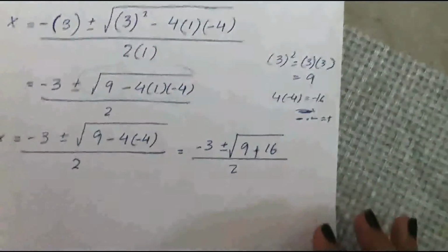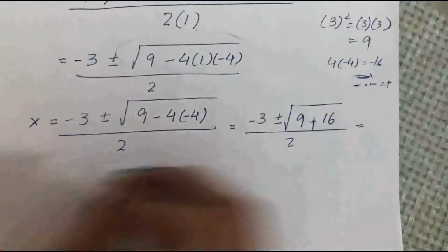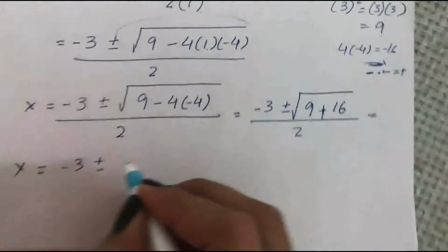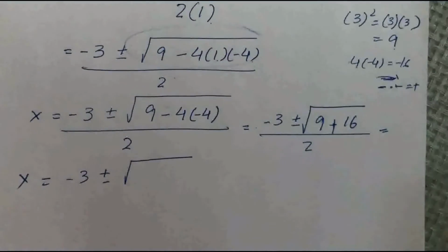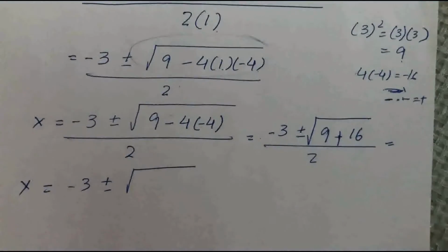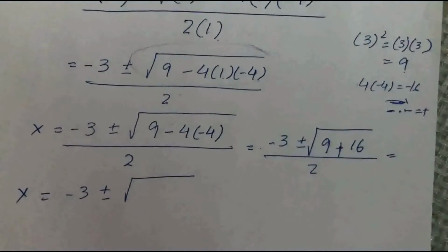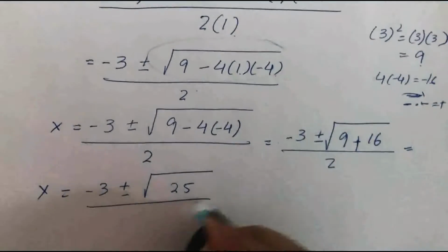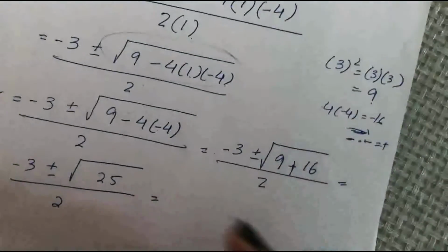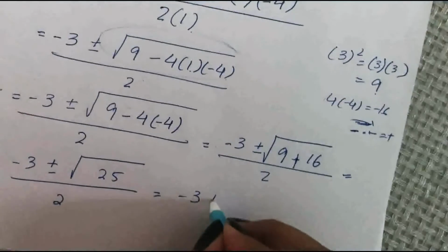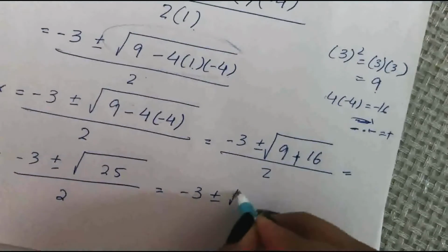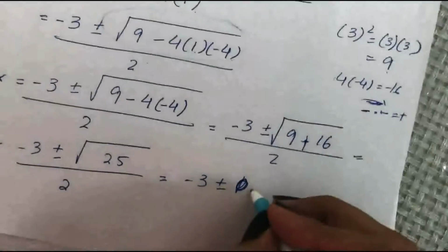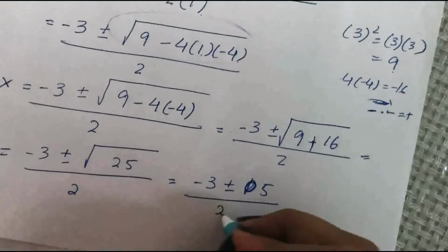So negative 3 plus minus the square root of 9 plus 16, and 9 plus 16 is 25, all of this divided by 2. The square root of 25 is 5.